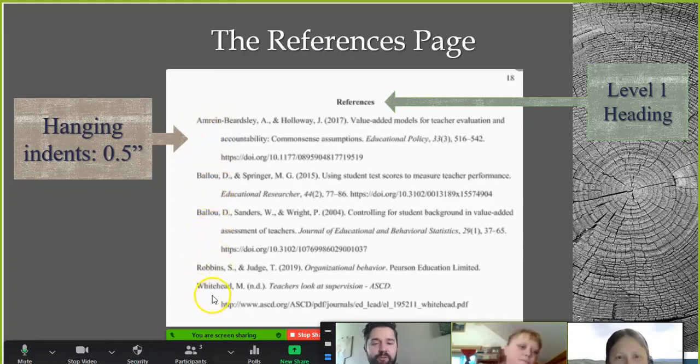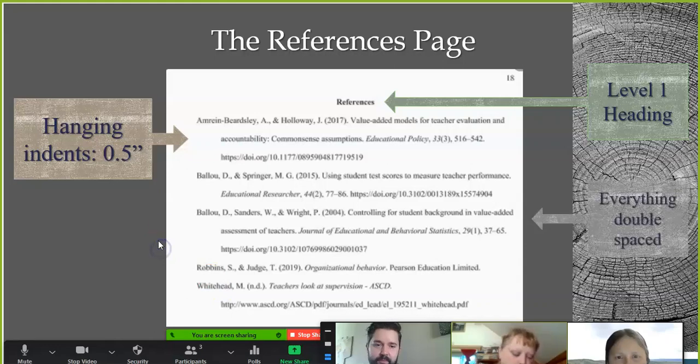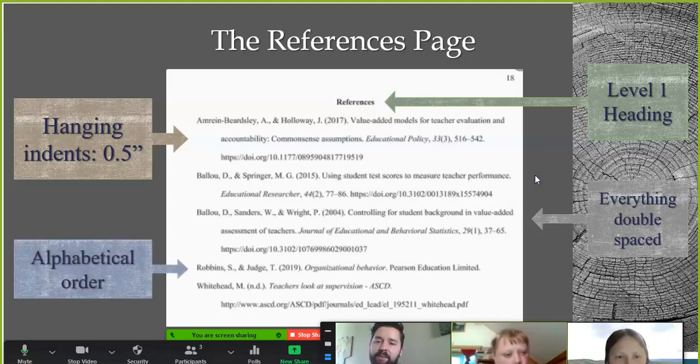So it's the opposite of a traditional indent. Everything should be double spaced, just the same way the rest of your paper is, and remove space after paragraph. And everything should be in alphabetical order according to whatever word appears at the very beginning. So we have A followed by B, and then Robbins and Whitehead, so it's all in alphabetical order.